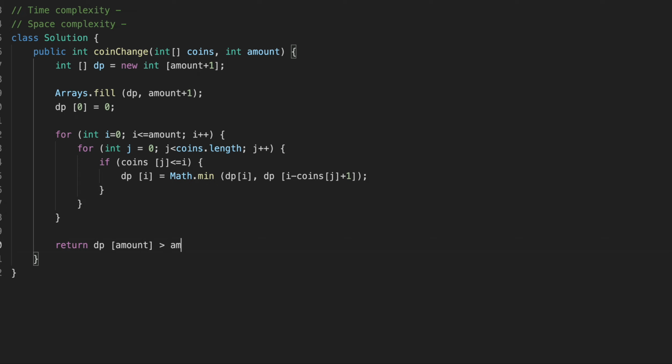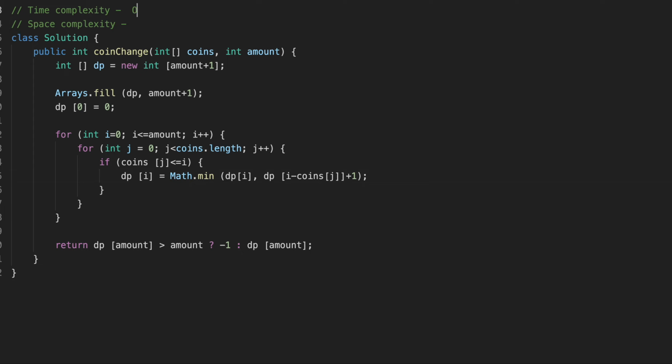So if it's more than our amount, then we are going to return -1. Otherwise, we are returning our dp[amount]. Okay, let's run it. It should be amount plus 1 here. Okay, great. It works as expected.